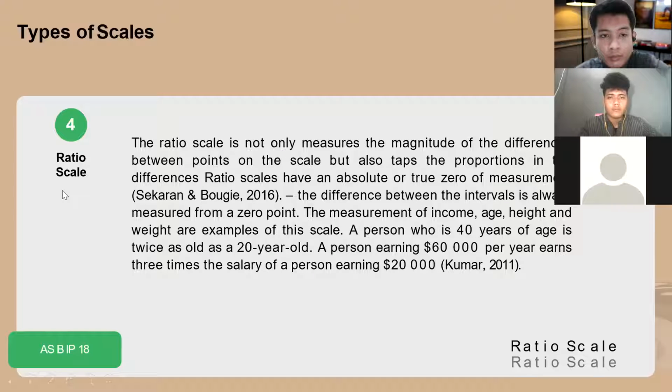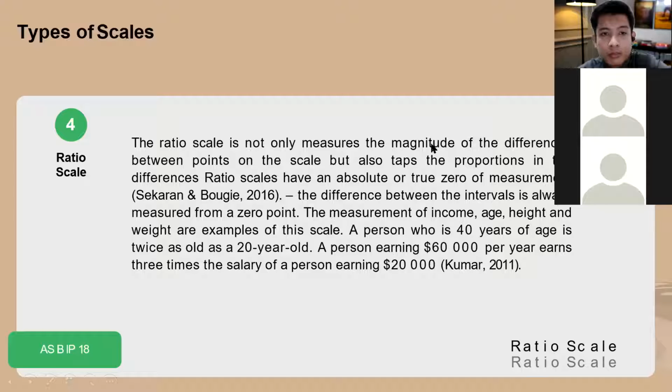Now is the fourth type of scale, ratio scale. The ratio scale not only measures the magnitude of the difference between points on the scale, but also the proportion in the difference. Ratio scale has an absolute or true zero of measurement. The difference between the intervals is always measured from a zero point.